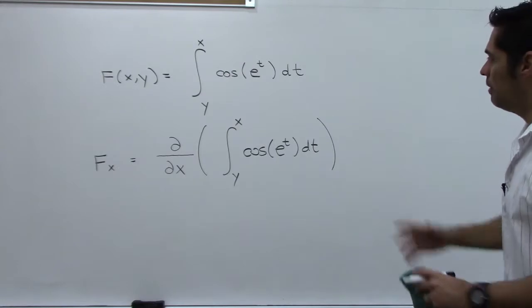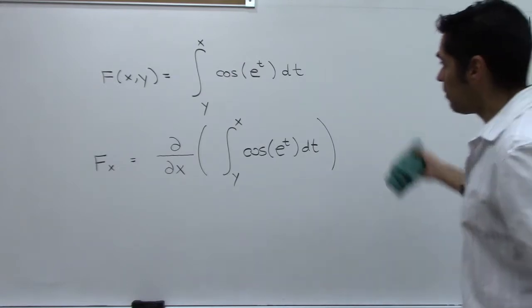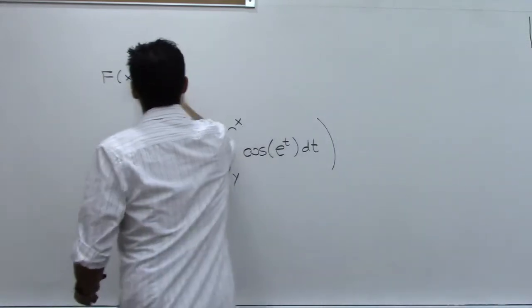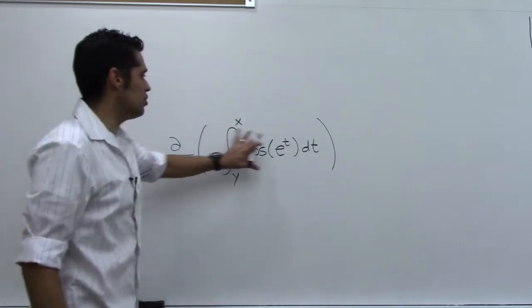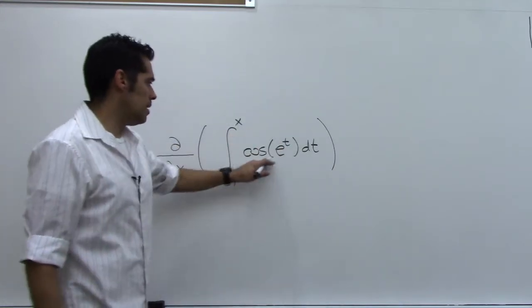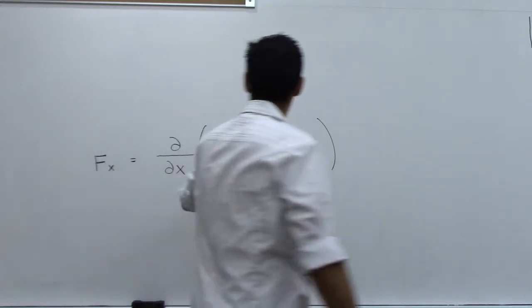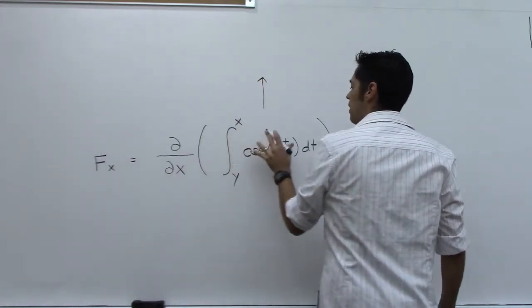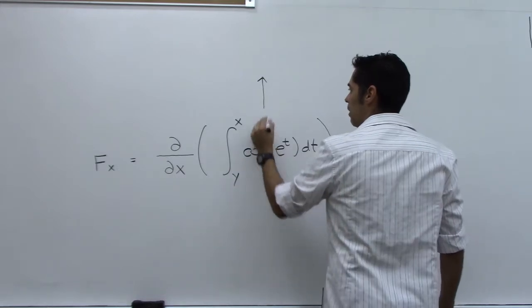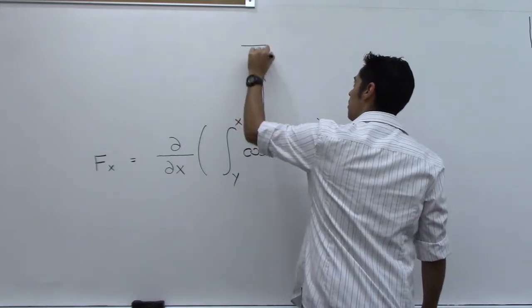So how can I get you to see this? Let's just say you could find this antiderivative. Right now we can't integrate that easily, but let's say we did. If we integrated this, whatever that antiderivative is, let's just say it's this block right here.